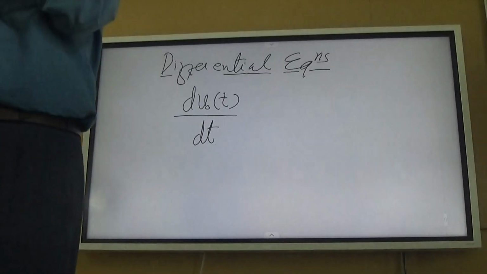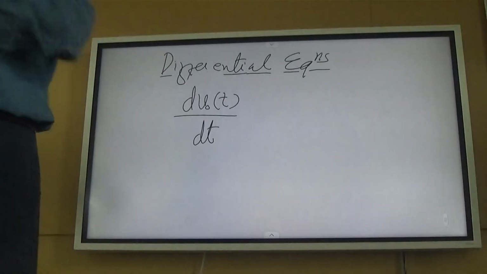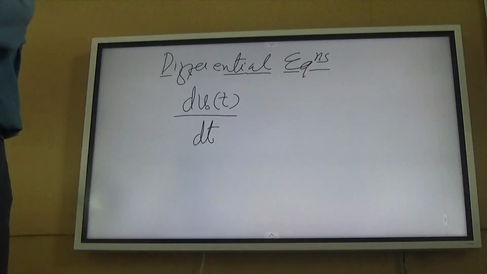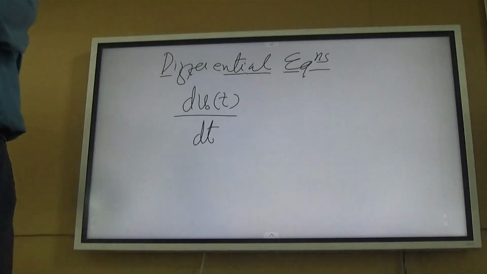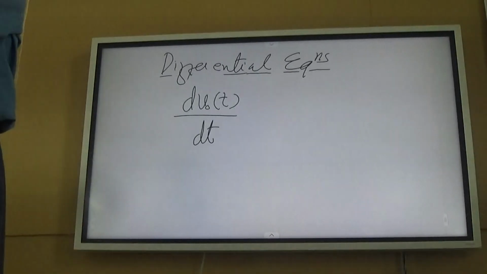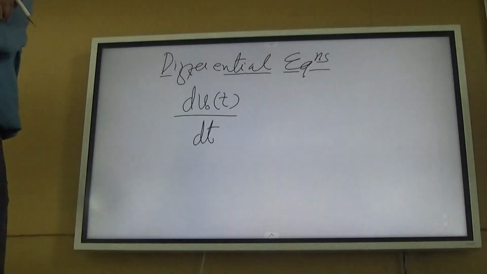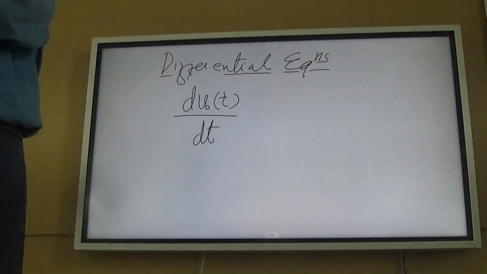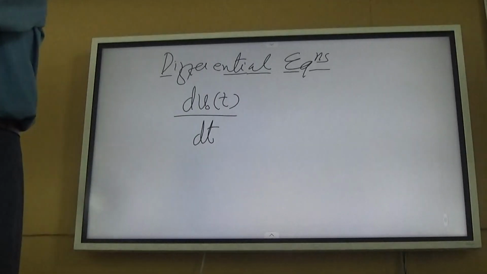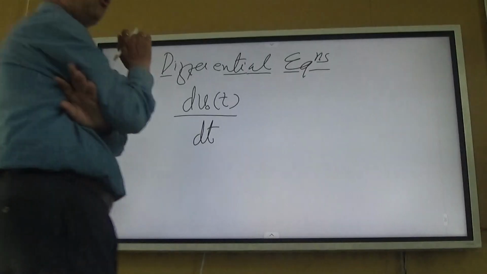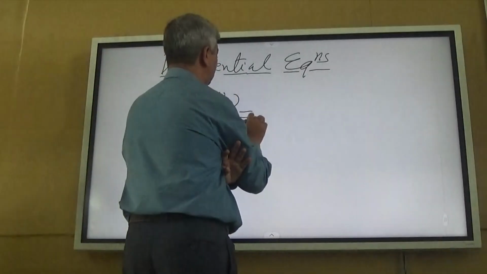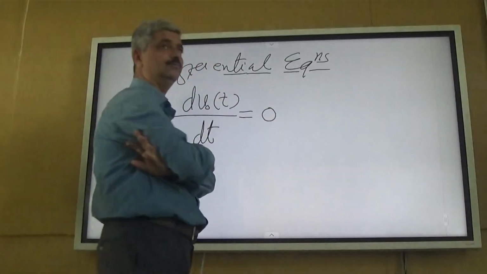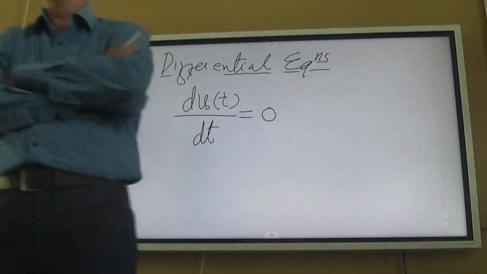So at least this term must be there in the differential equation. So the question is, construct the simplest differential equation. So what will we construct? Equal to 0, right? So the simplest differential equation created is dV(t)/dt equal to 0, right?